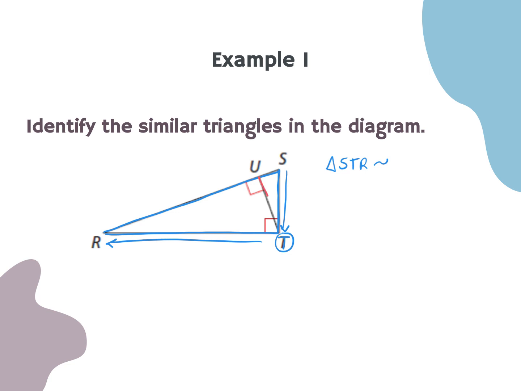And I know that that's going to be similar now to, for example, because we drew this altitude at 90 degrees, we've got triangle number 1 here and triangle number 2 here, and they are also going to be similar. So I'm going to name it the same way.